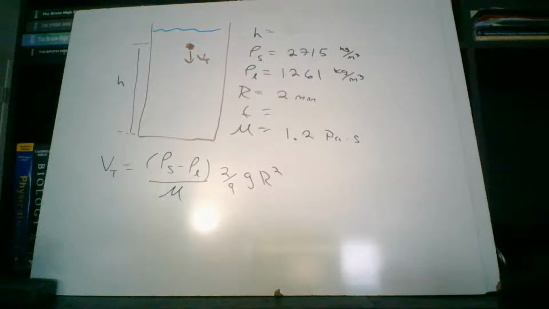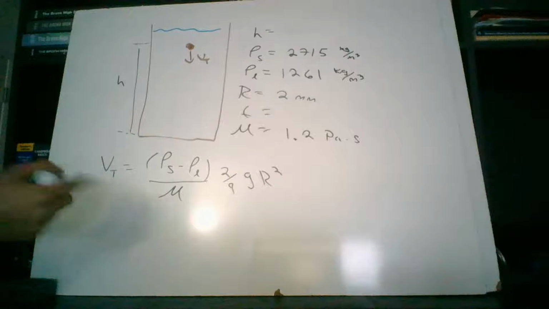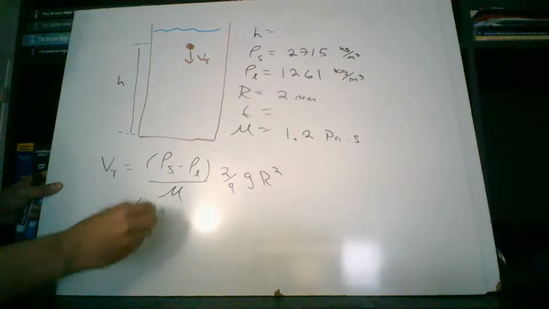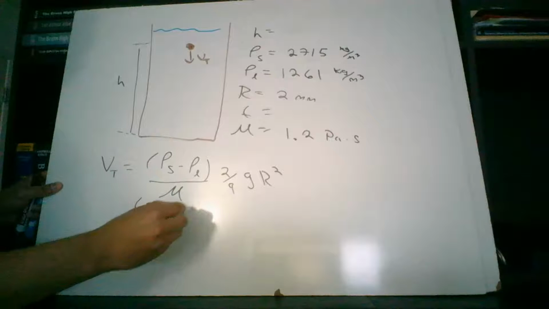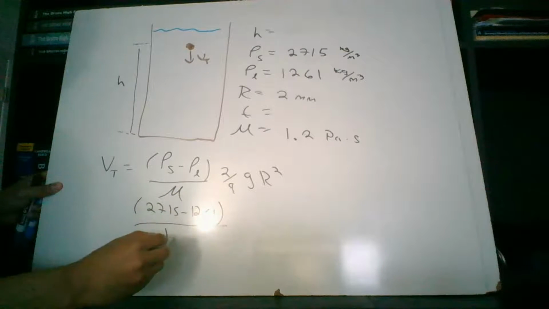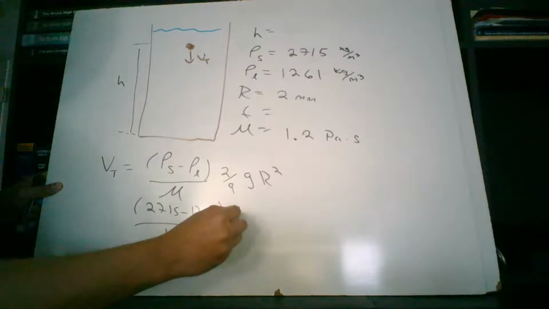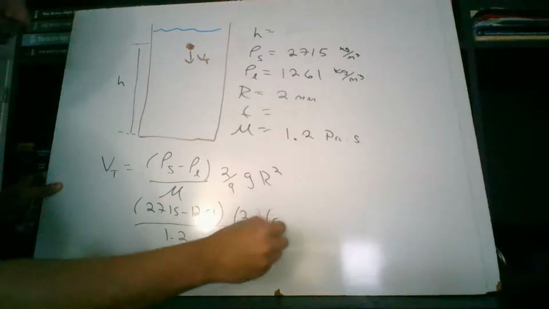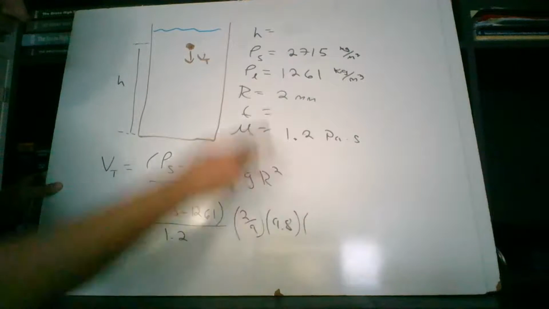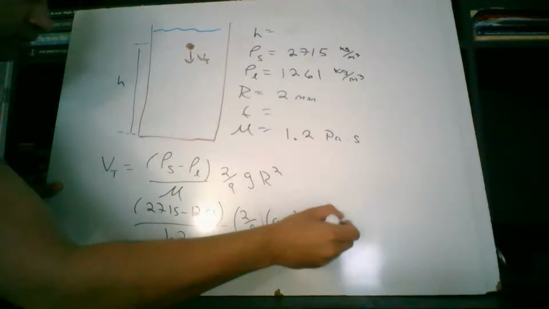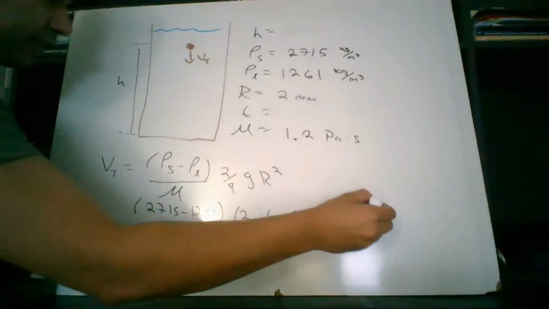And that'll give you the terminal velocity. So you'll just plug everything into here, and you get 2,715 minus 1,261 divided by 1.2 multiplied by 2.9 multiplied by 9.8 multiplied by 2 millimeters, which is 0.002 squared.